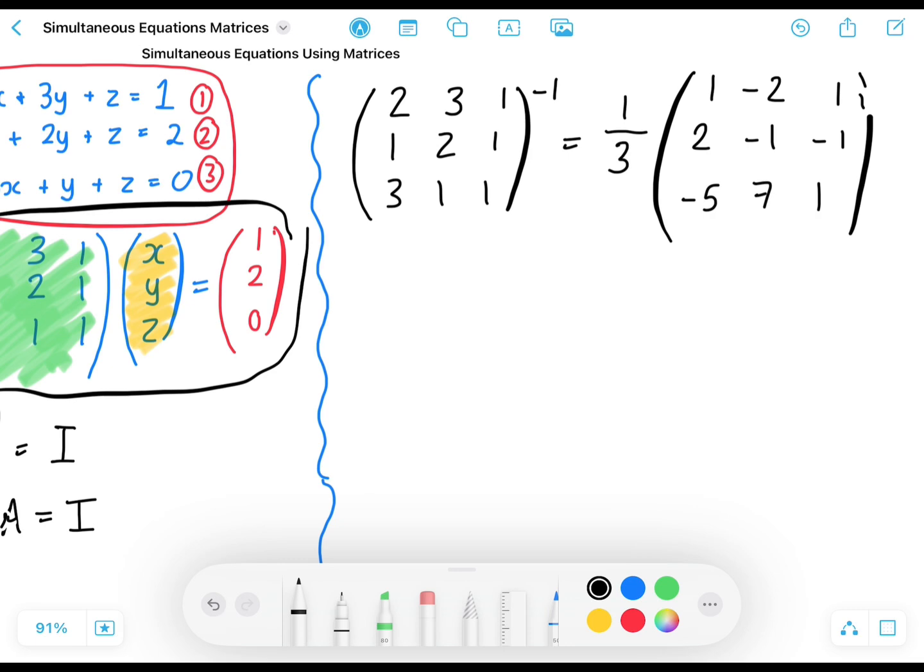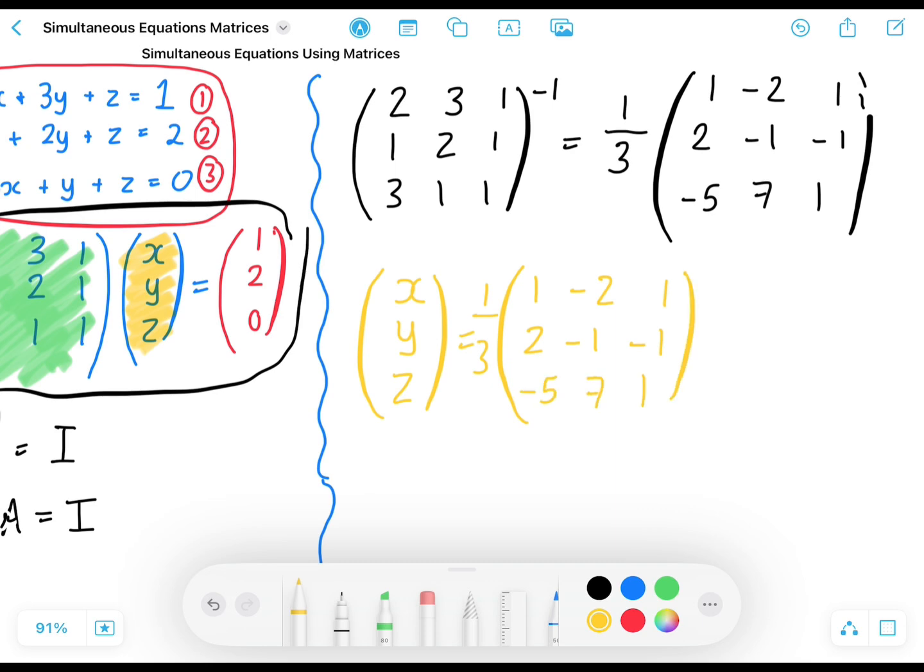So that's going to give us x, y, z equals 1/3, and then the inverse matrix times 1, 2, 0.